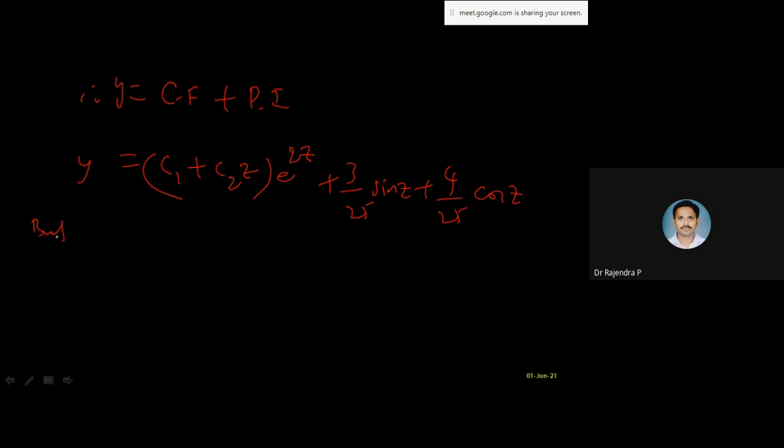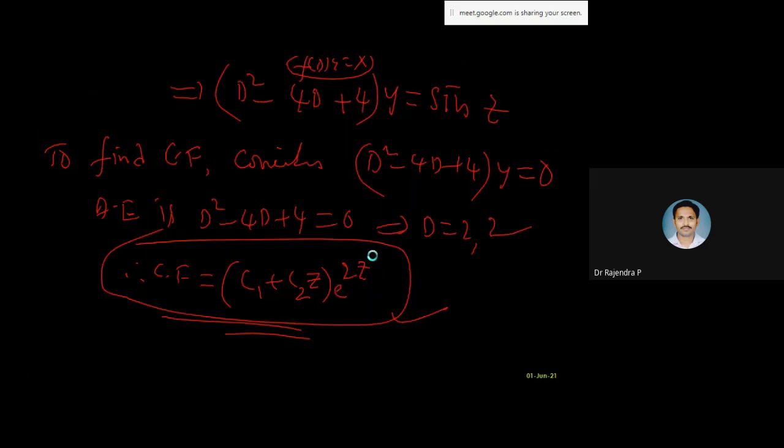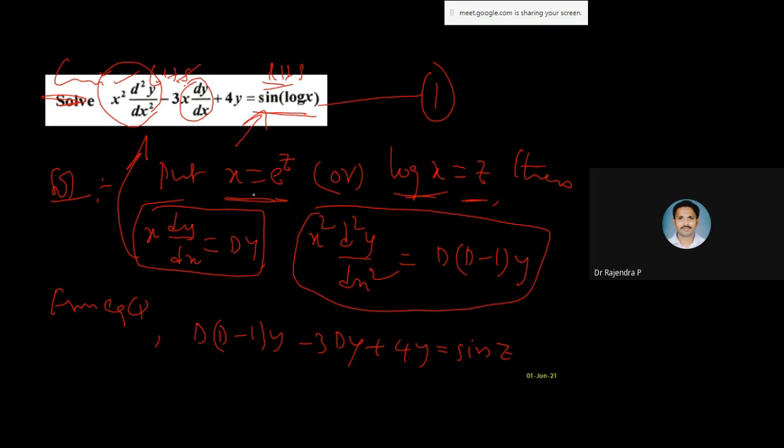But what is z here? Z is equal to log x. Otherwise, e power z is equal to x, we have taken as the substitution, that is, log x is equal to z.